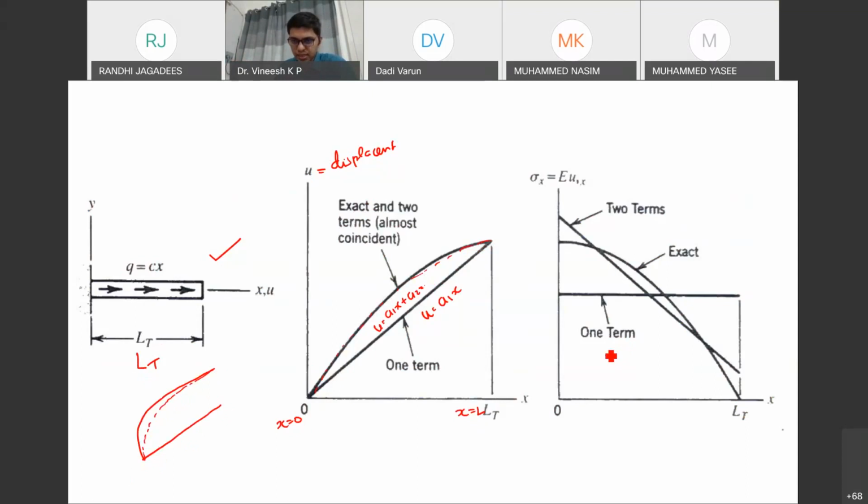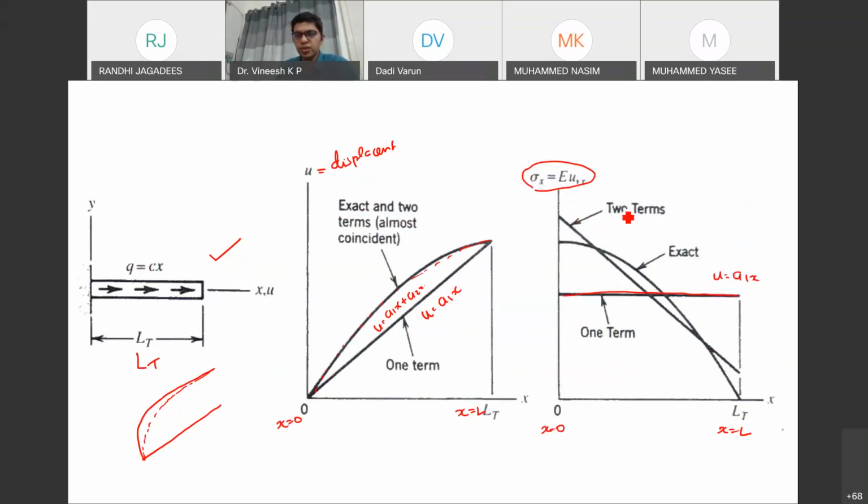Now if you look at stress, this is x equal to 0, and this is x equal to L. The Y-axis represents strain. One-term solution means u is assumed as a1x, so you can see that the strain is constant throughout the region.